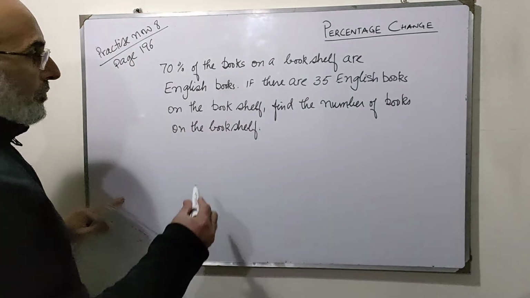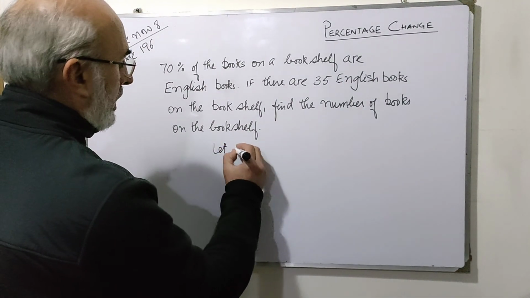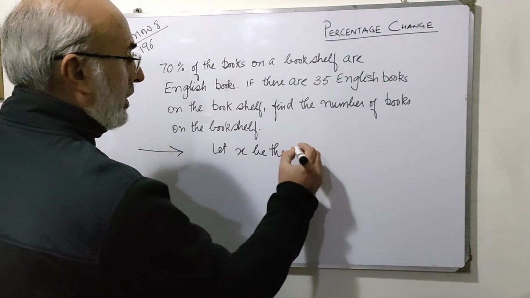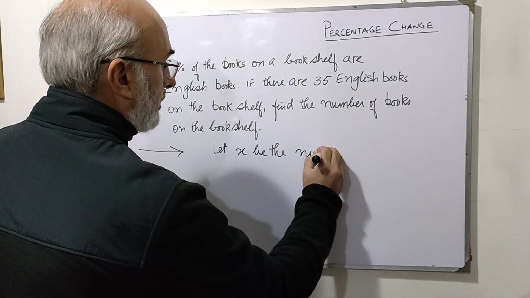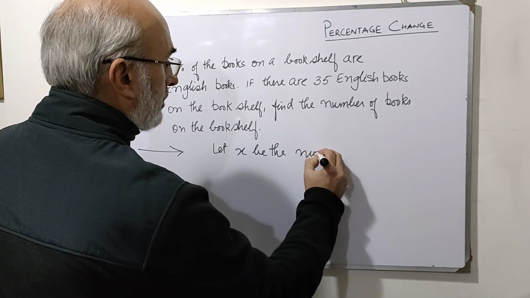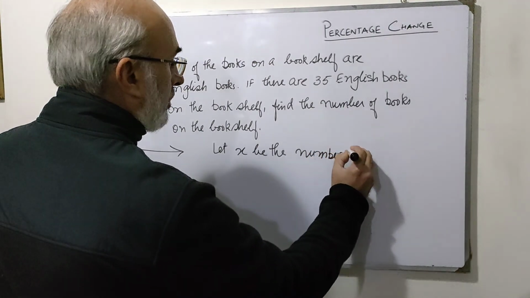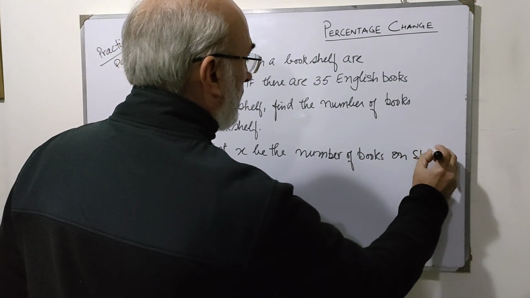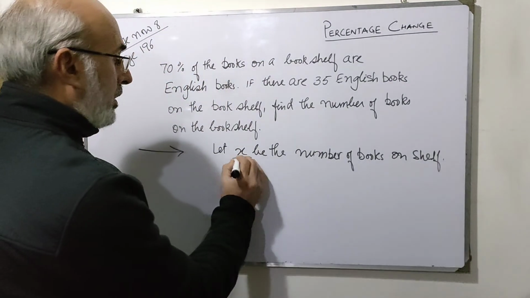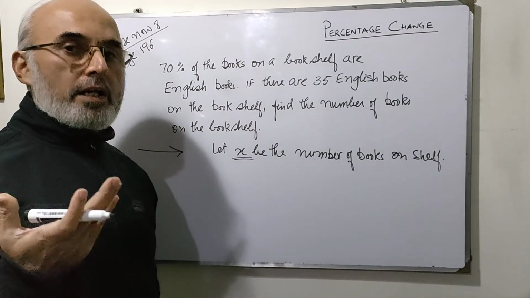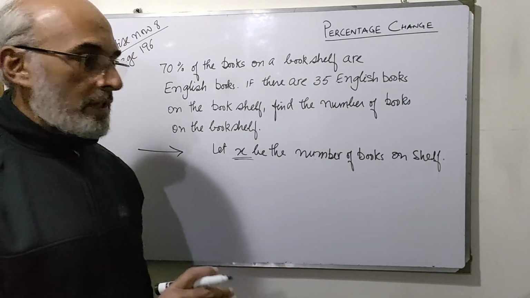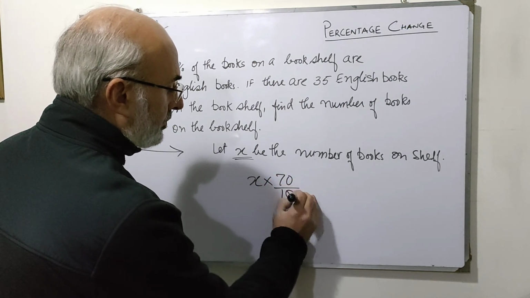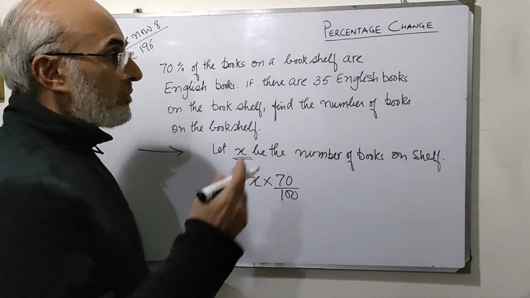So let x be the number of books on the shelf. Okay, so now x is the number of books on the shelf, and 70% of this number is 35.